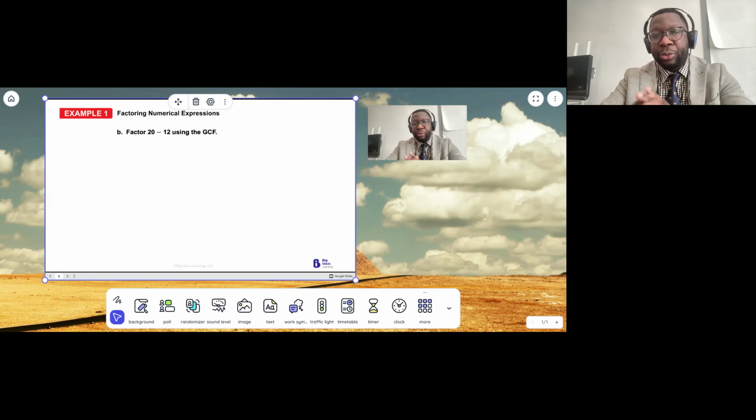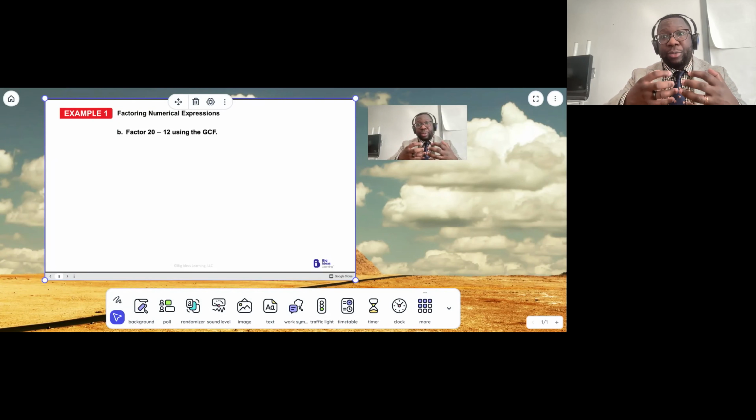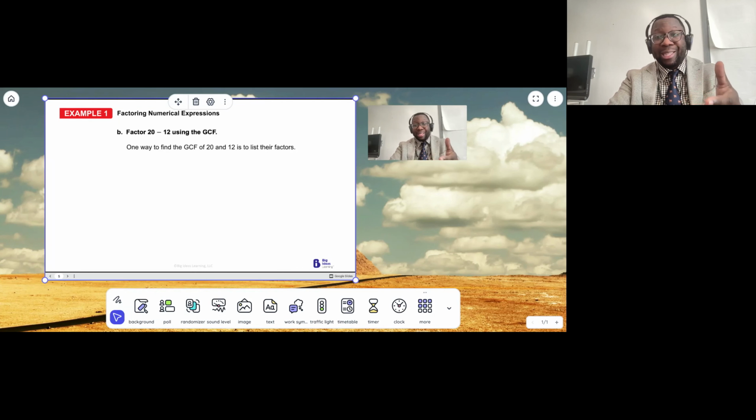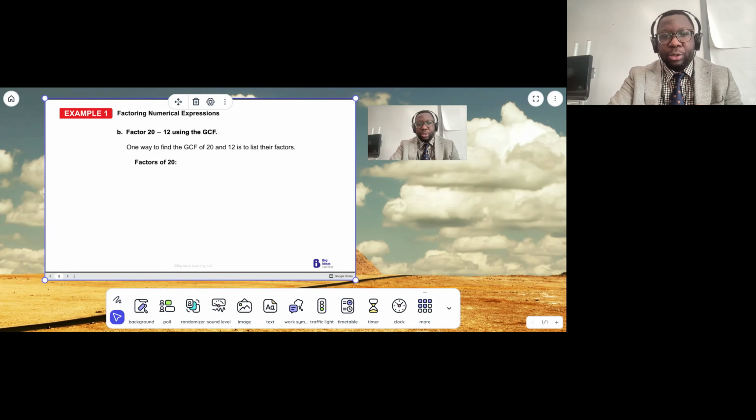20 minus 12. We want to find what is the greatest common factor, and then we want to pull out that factor so that it can be distributed to the other two terms within the parentheses. So we first are going to list all the factors for 20. They're 1, 2, 4, 5, 10, and 20.